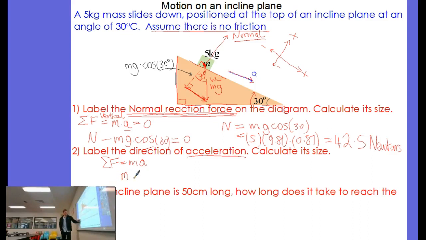Mass times acceleration due to gravity, that's the hypotenuse, the weight force, times what? The sine of the angle, like so. And that is equivalent to mass multiplied by the actual acceleration experienced.